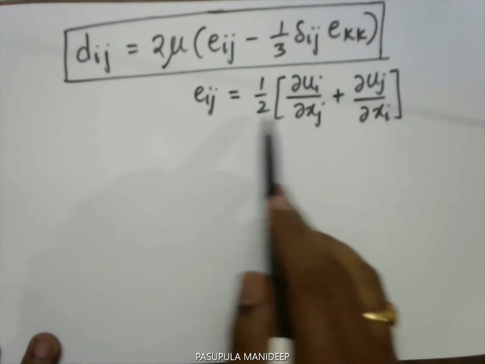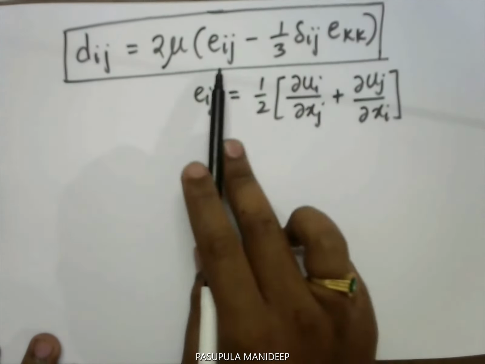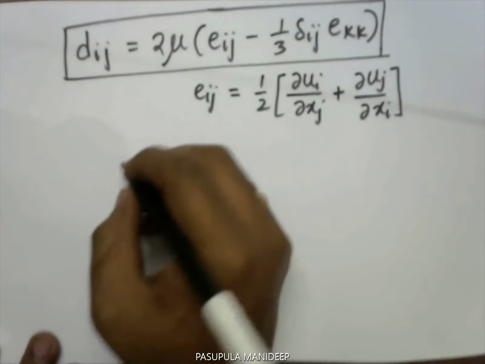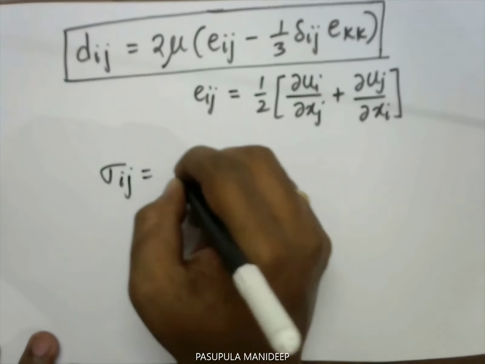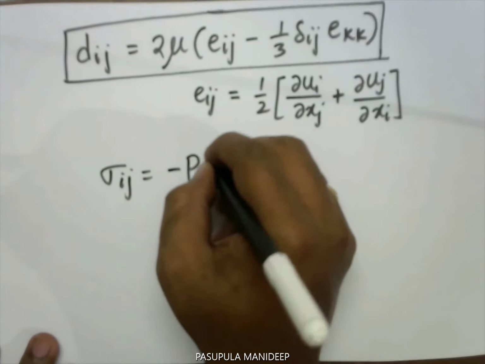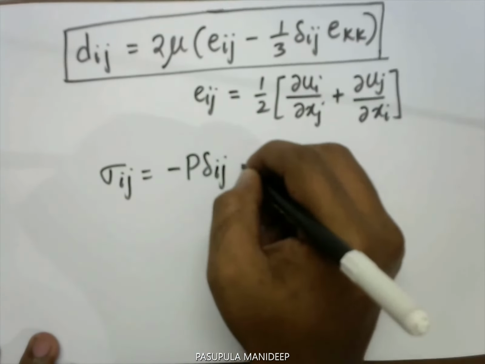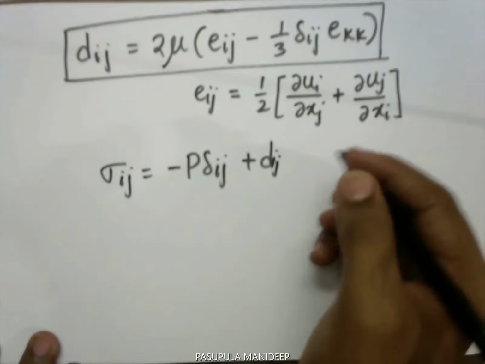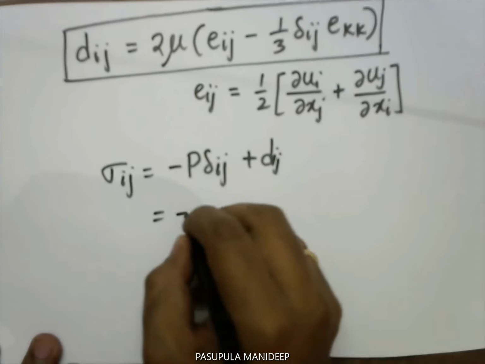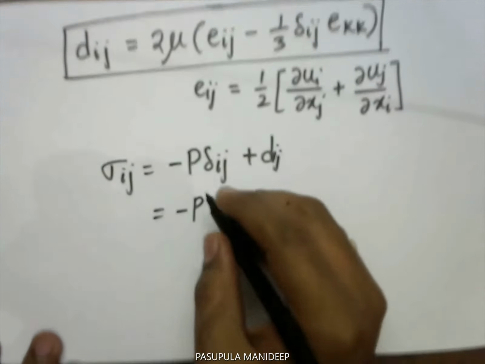So eij is basically the velocity gradient terms. So now we can write the whole stress tensor as dij by substituting this equation, right?